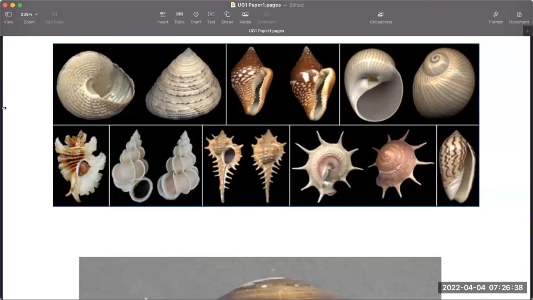Buccal cavity contains an odontophore with a radula bearing rows of chitinous teeth. Their digestive system comprises muscular pharynx, long esophagus, stomach, and long coiled intestine. Their anus is placed anteriorly.